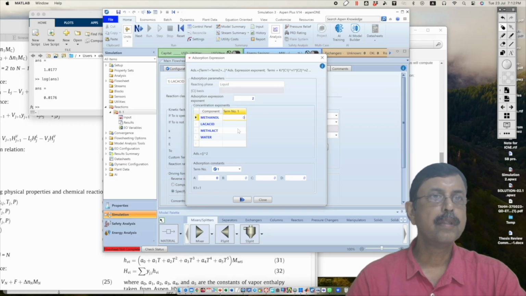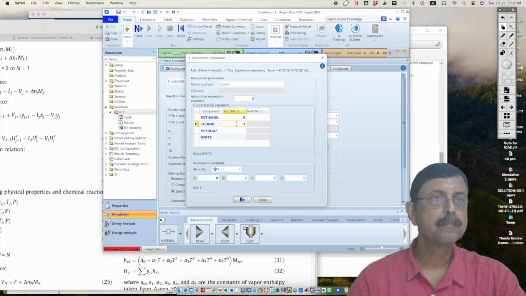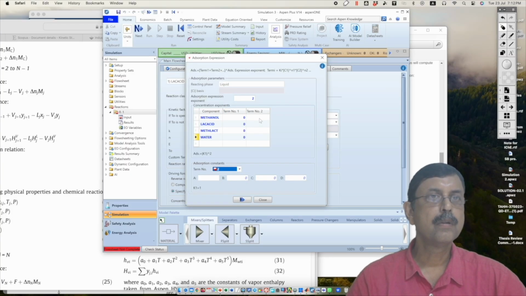So this will be 0, this will be 0, okay. Then term 2, methanol will be 1. Okay. So methanol is 1, all other things will be 0.